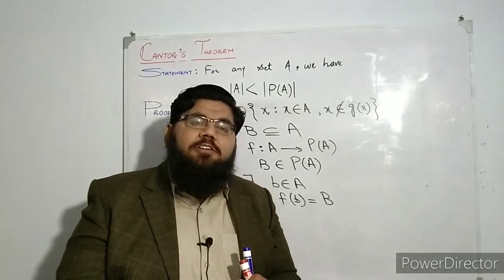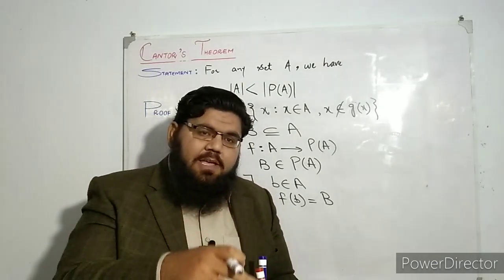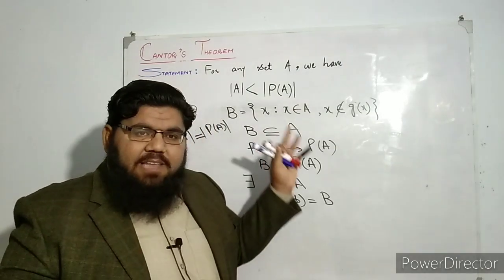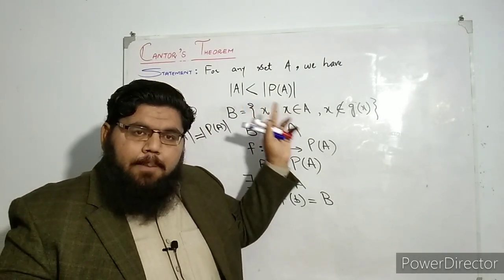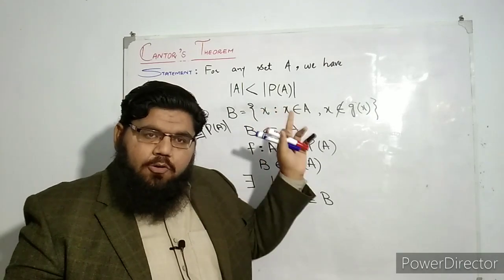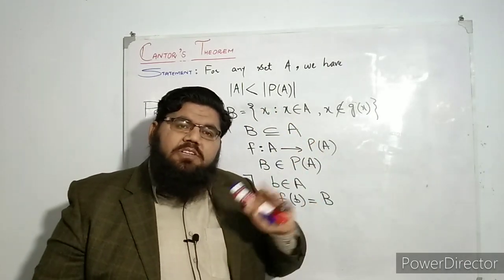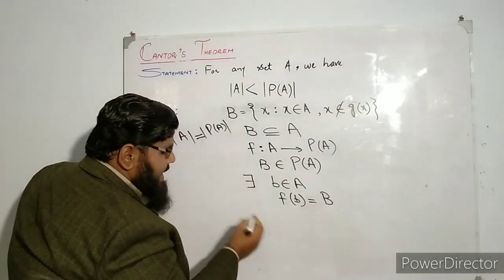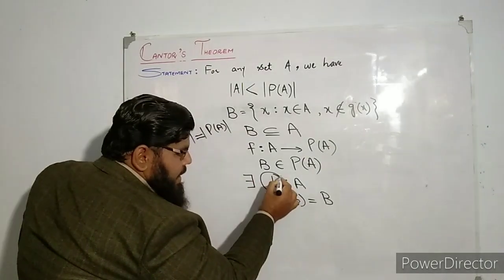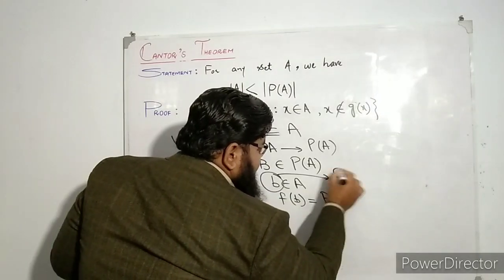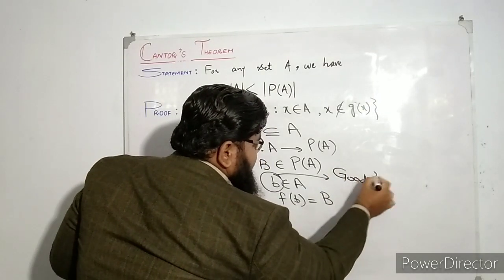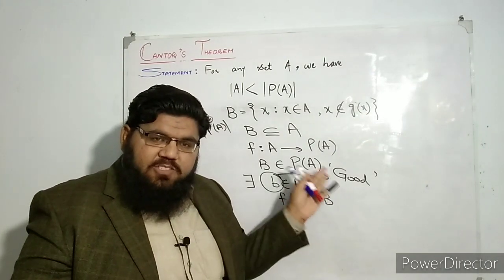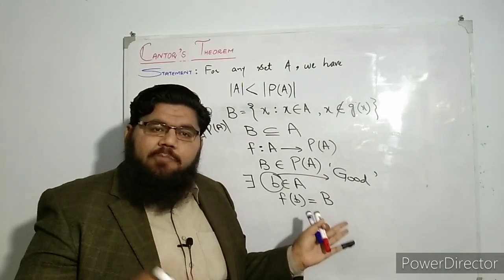If you have forgotten, you can rewind the video and go there and recall that definition. So either the element in A is a bad element or it is a good element. We are going to consider both cases. First of all, we suppose that this element b is a good element. Though I have not defined it explicitly, it is the opposite of a bad element.